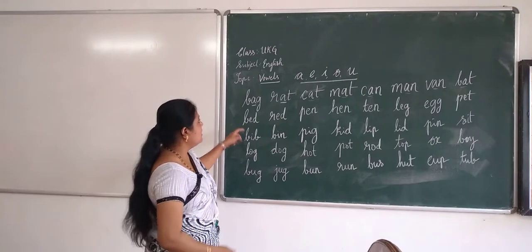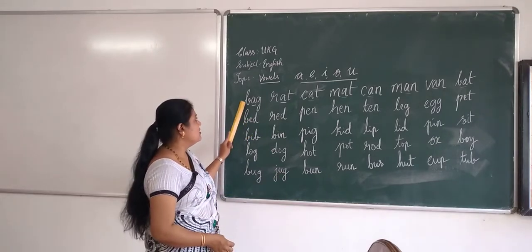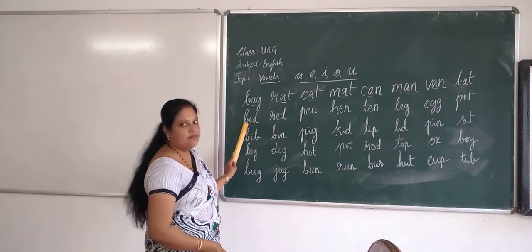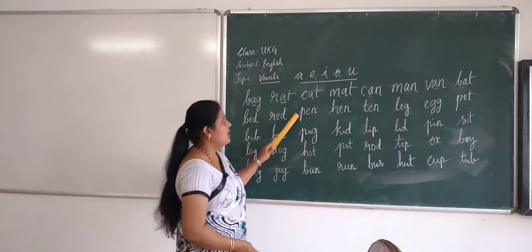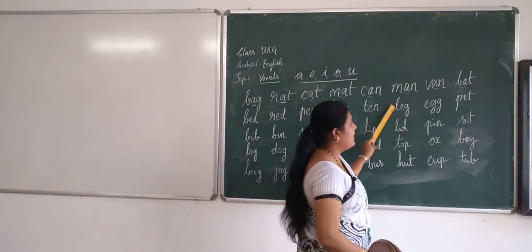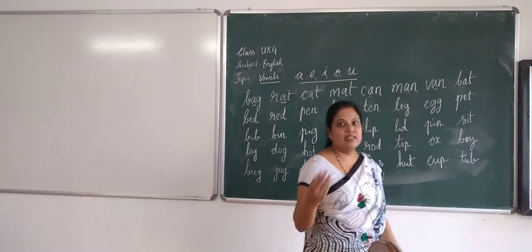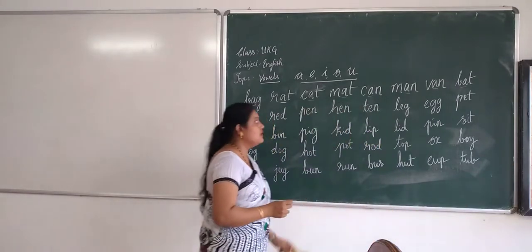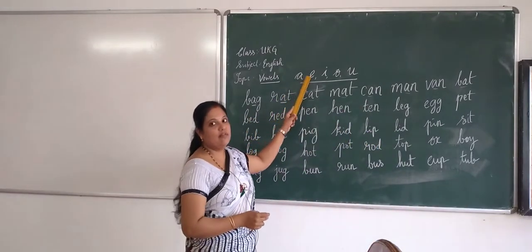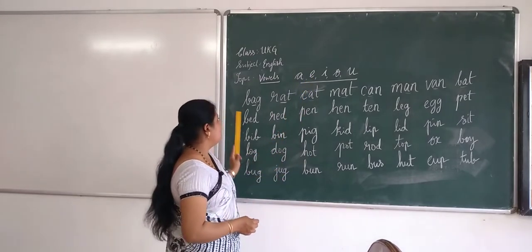Can you see the next one? See, bed, red, pen, hen, ten, leg, egg, pet. That is the E sound you can hear, right? So this is the next vowel. E is also one of the vowels.